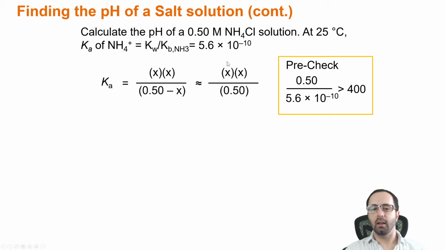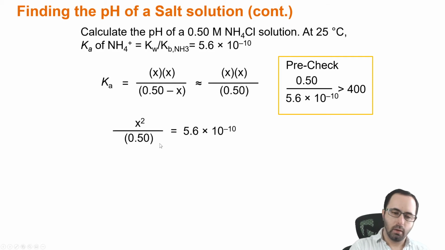So now we're going to set Ka equal to that. So we have x times x, or x squared, over 0.5, and that is equal to Ka, which is 5.6 times 10 to the minus 10. So now we're going to multiply both sides times 0.50.